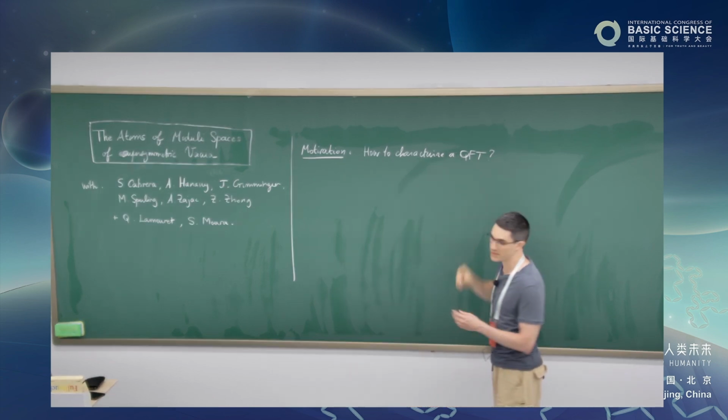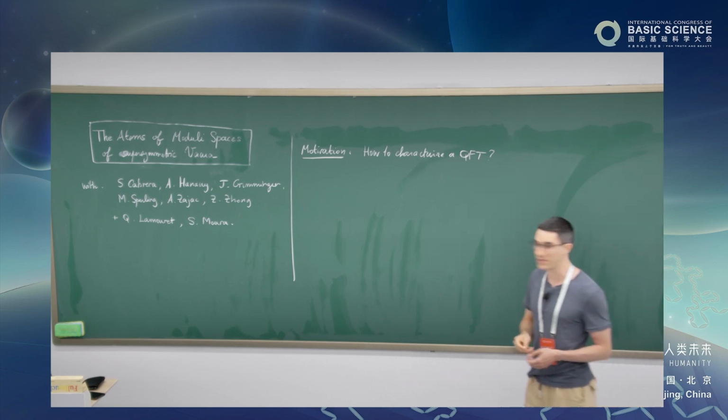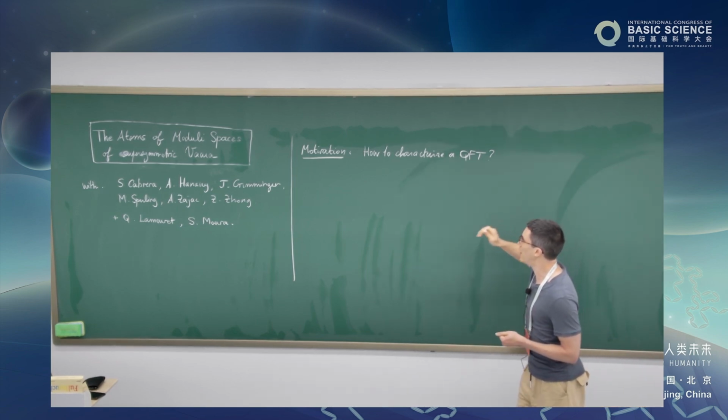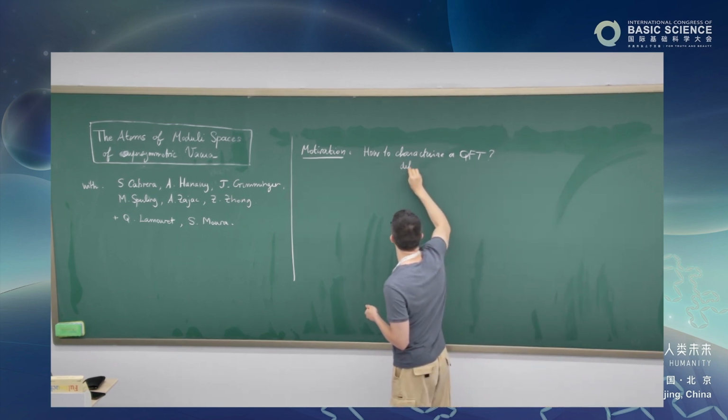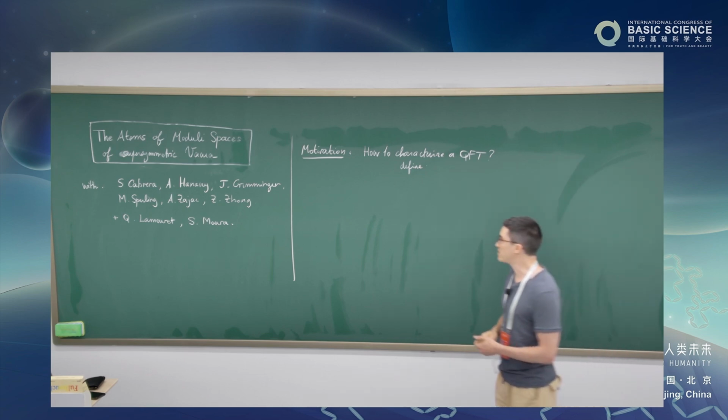This is part of this very big question: what is quantum field theory? Which is incredibly difficult to answer. And in order to characterize or define a QFT, there are many ways to do this.